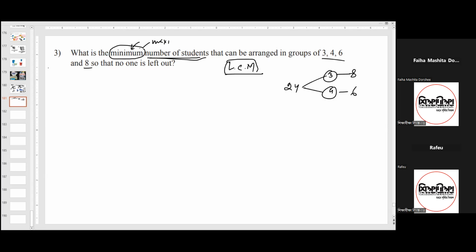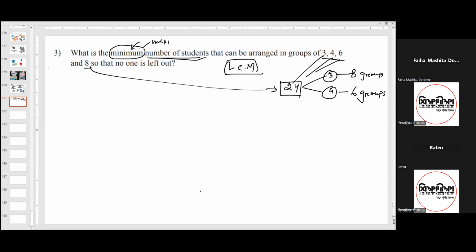If we divide them in groups of 3 students, how many groups are we going to get? 8 groups. If we divide them in groups of 4 students, how many groups can we form? 6, right? So the fact is that the number of students is a number which should be a multiple of 3, 4, 6, and 8, right?